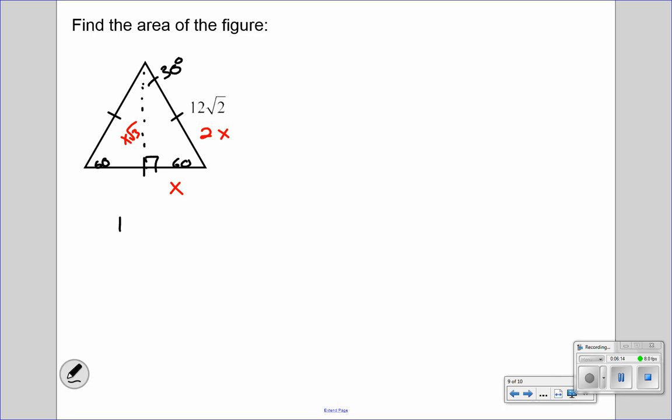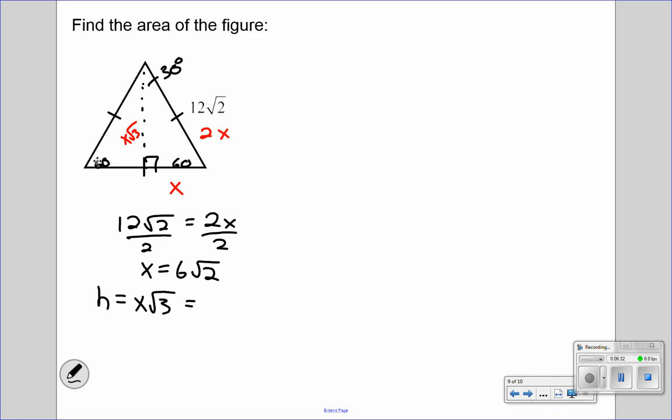So if 12 square roots of 2 equals 2x, we divide by 2, and x equals 6 square roots of 2. And then we know that our height is simply x times the square root of 3, which is 6 times the square root of 2 times the square root of 3, which is 6 square roots of 6.